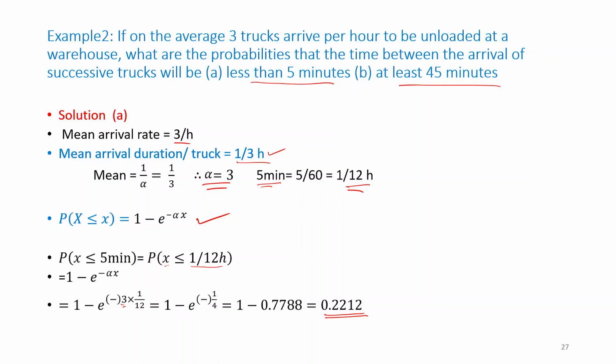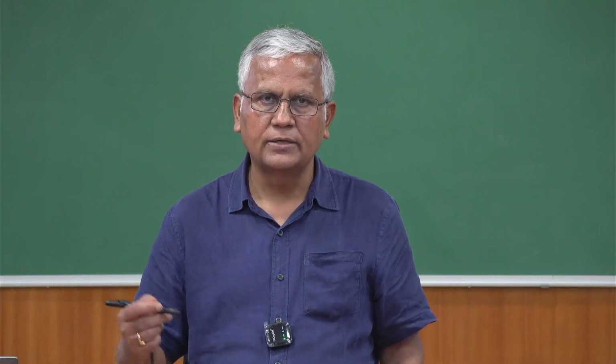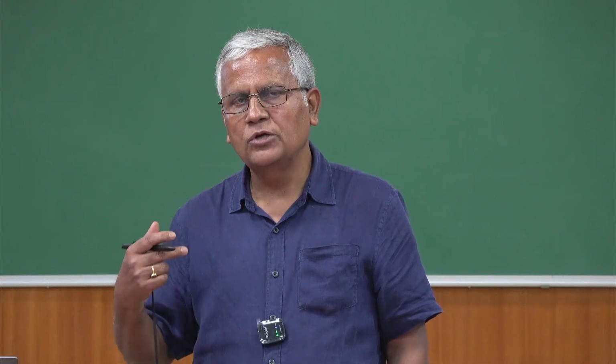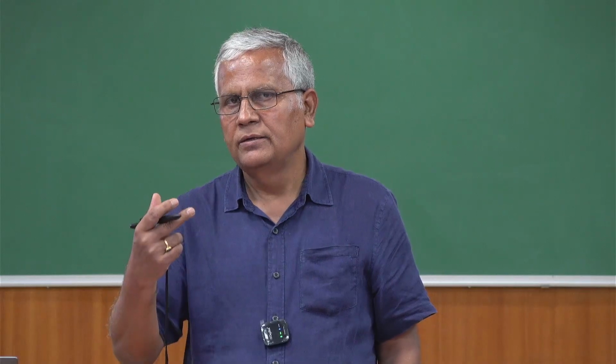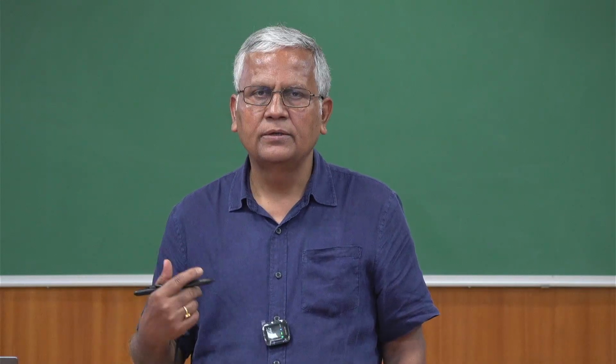But we can also calculate this in Excel, if we choose the right function, the exponential function, and give different values of x, starting from 5 minutes, 10 minutes, 20 minutes, 40 minutes, 1 hour, or 60 minutes. So for different values of x, we can calculate the probabilities.